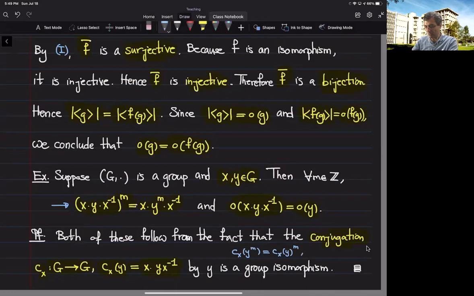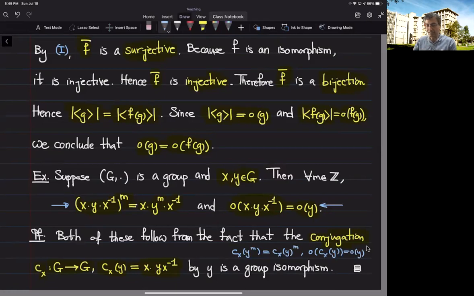And we showed that the order doesn't change under an isomorphism. So the order of c sub x of y equals the order of y, and that's this equality. So we see that conjugation does not change the order. If two elements are conjugate of each other, then their orders are the same.